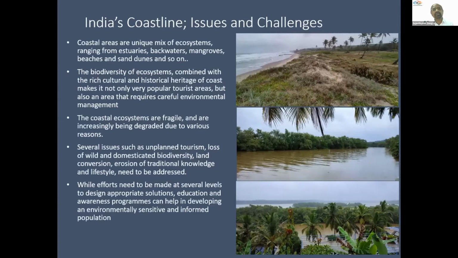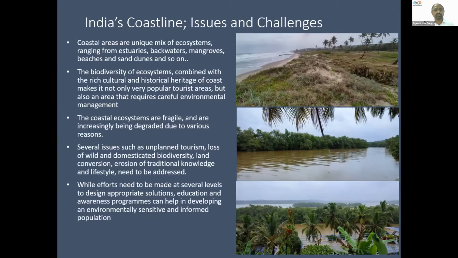If you look at Indian beaches, we have almost about 7,500 kilometers of coastline. And the coastal areas are very unique in terms of various kinds of ecosystems. We have estuaries, backwaters, mangroves, beaches, and sand dunes. These are all microclimatic areas.